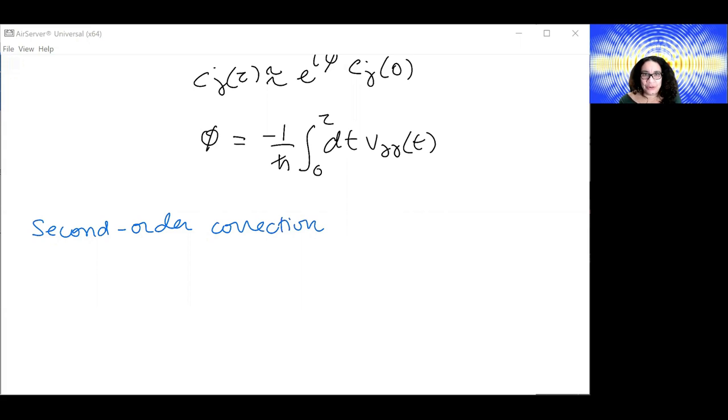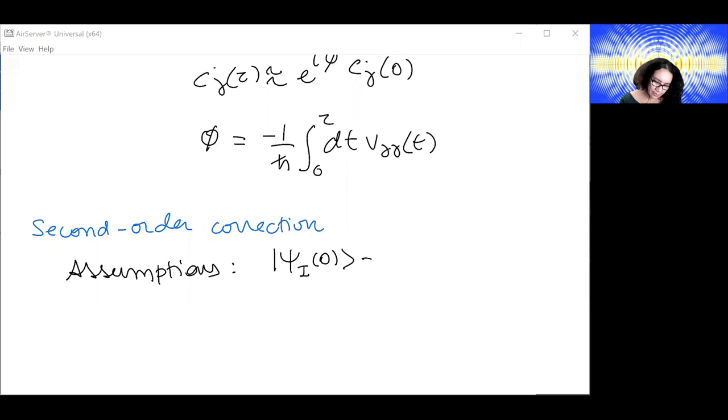So we're going to assume that the perturbation is switched on at time t equals 0 and that you are going to have phi j as your initial state. So assumptions are going to be the same. Phi equal phi j.